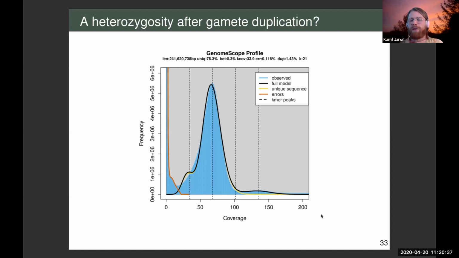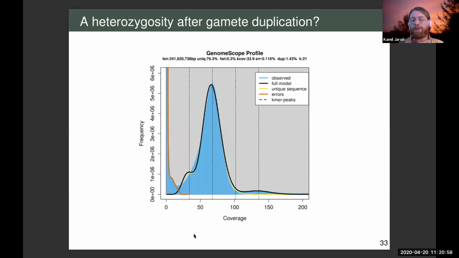And from the biology of the species, we know that there is none, because it's a species that reproduces with gamete duplication. Every single individual starts as a haploid and duplicates into a diploid. So this is an artifact of skewed sequencing coverage and the model fitting. So be careful about this when you have a very low heterozygosity genome.